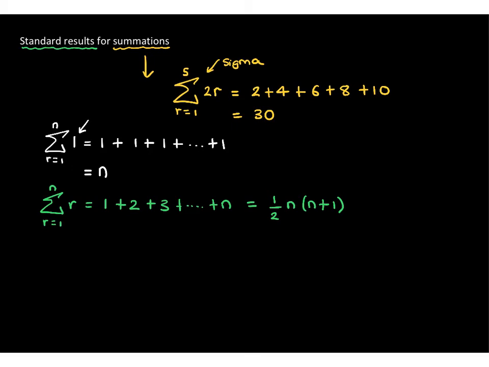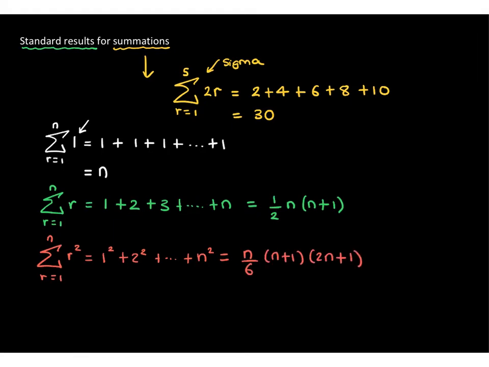Now, there are two other standard results for summations which we're going to write down. The next is if you want to add together square numbers. So 1 squared plus 2 squared, all the way up to n squared. This is given by this formula. N over 6 multiplied by n plus 1 multiplied by 2n plus 1.